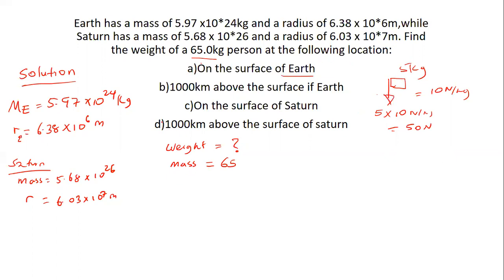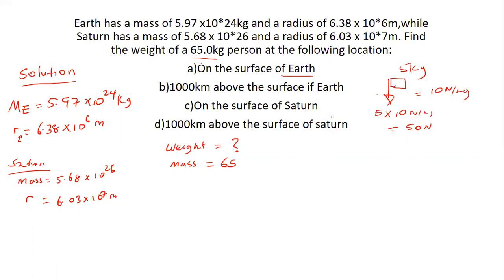But now we don't know what the force of gravity is. We're only given mass and the radius. We are the ones to find the force of gravity on the Earth by ourselves. So how do you find it? There's a formula given to you here.